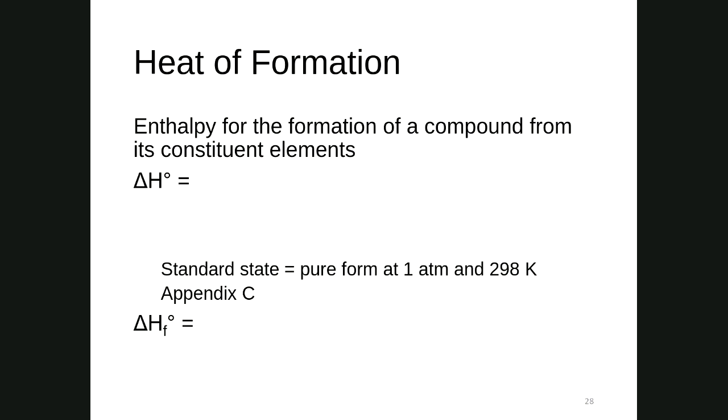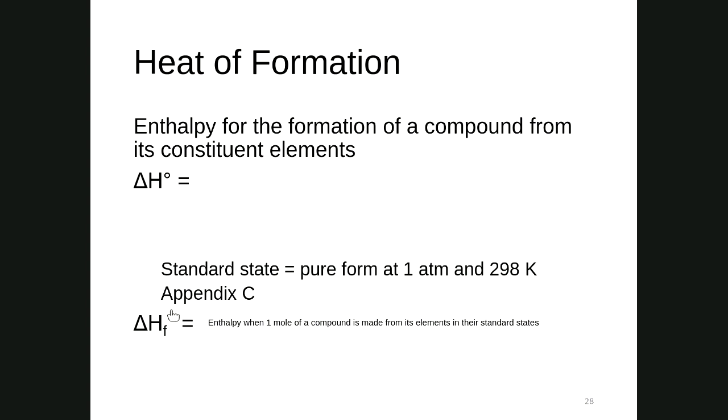Now, for the delta HF, which stands for the heat of formation, by definition, this means the enthalpy when 1 mole of a substance, particularly of a compound, is made from its elements in their standard states. We know that it's asking about standard states because it has this little circle here.